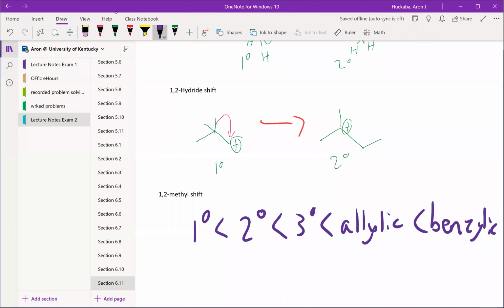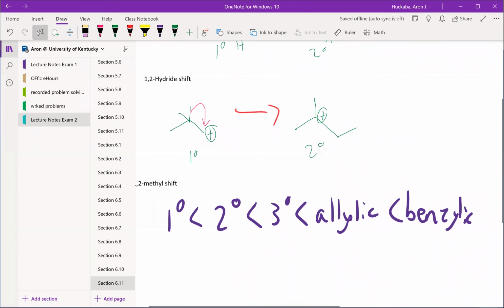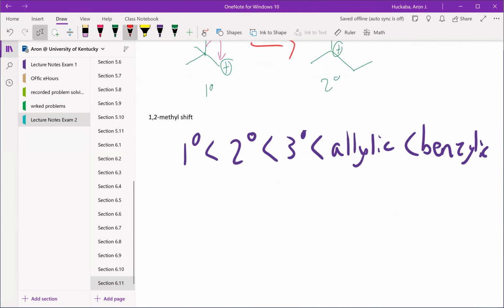And so let's say, for instance, we're looking at a molecule that has a carbocation here, and we have the opportunity to do a methyl shift over here, or a methyl shift over, or a hydride shift on one side or the other.